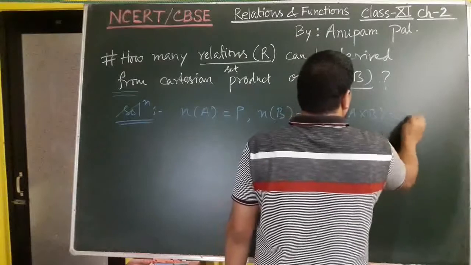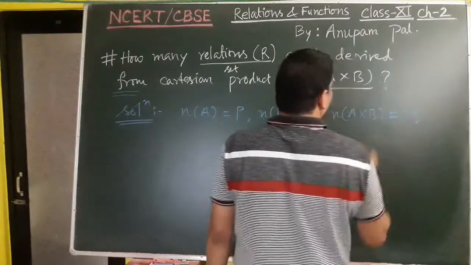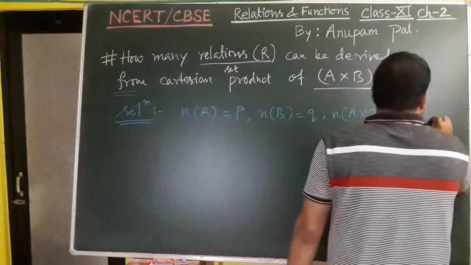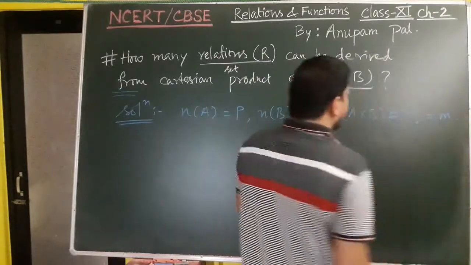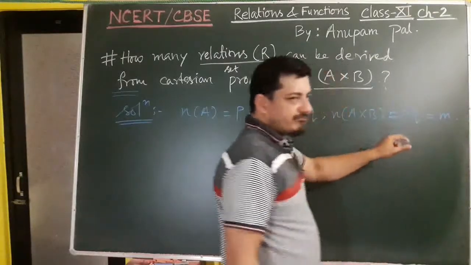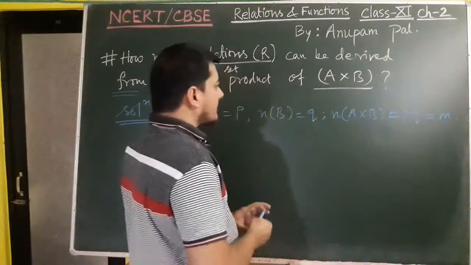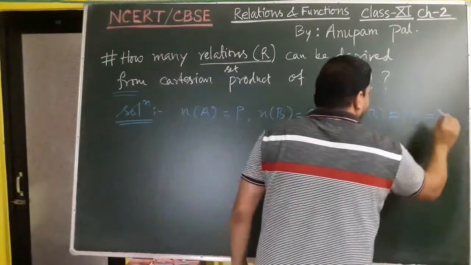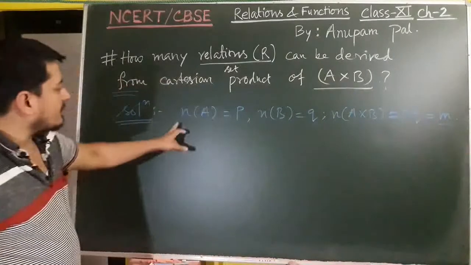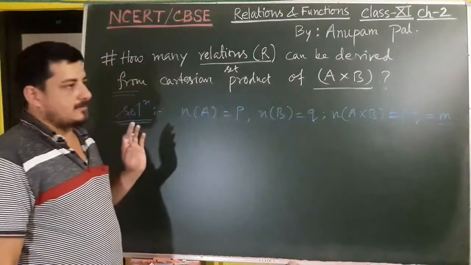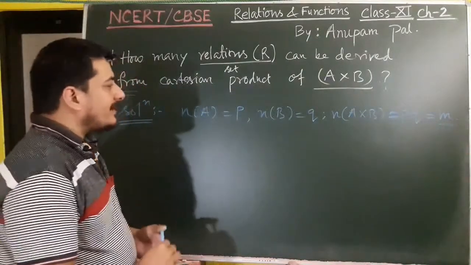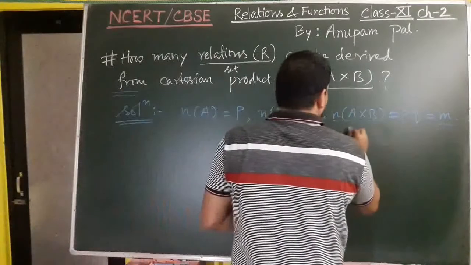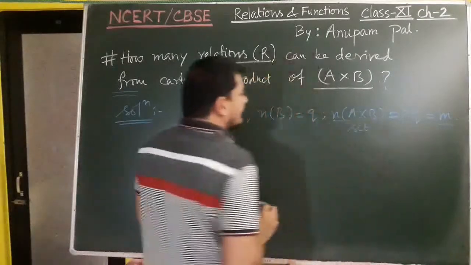This will be PQ. Suppose this number is M. For simplicity I have taken it as M, one single letter. I'm sure this is clear to you. Now this is a set, that you have to remember.